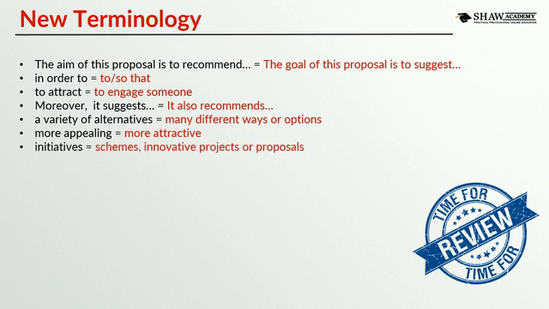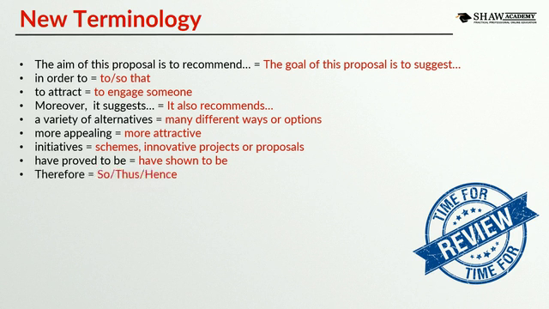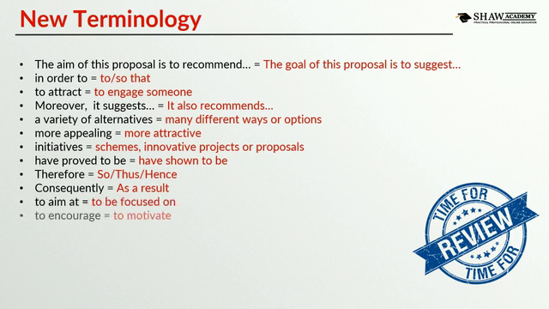Initiatives are schemes or innovative projects or proposals. Have proved to be means have shown to be. Therefore, as we saw already today and in lesson 4, means so, thus, or hence. Consequently means as a result. To aim at is to be focused on.